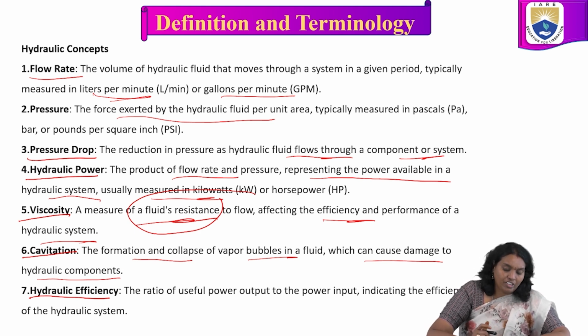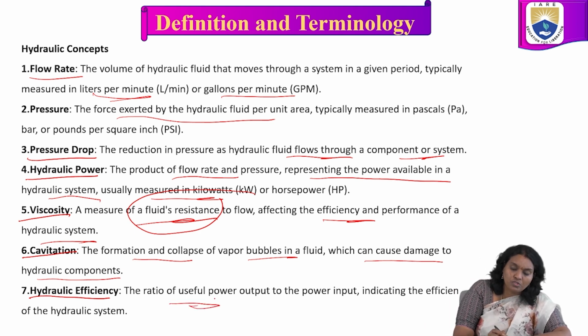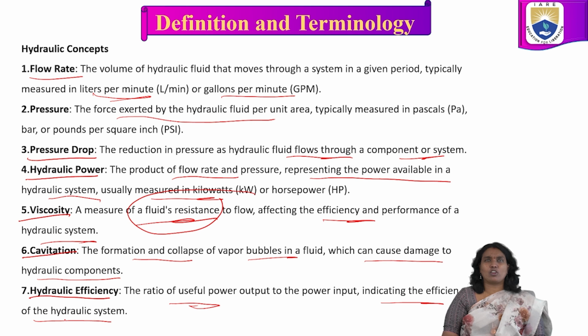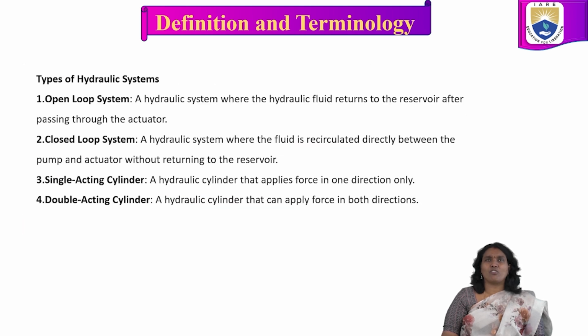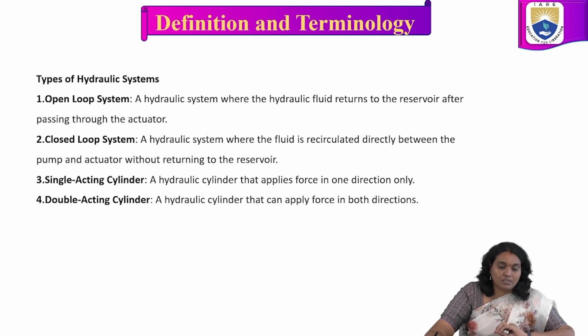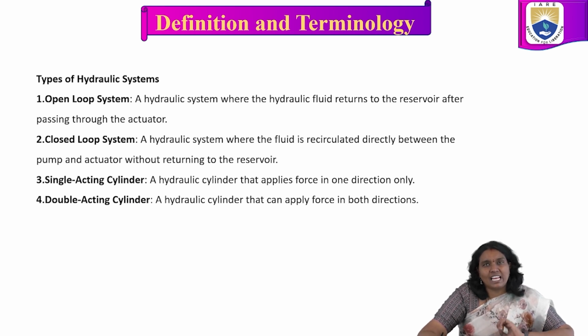Hydraulic efficiency, the ratio of useful power output to the power input, indicating the efficiency of a hydraulic system. These are the various hydraulic concepts involved. Types of hydraulic system: open loop system, closed loop system, single acting cylinder, double acting cylinder.